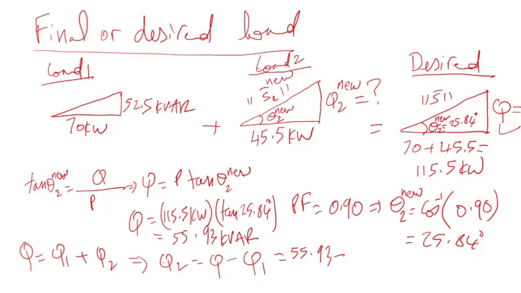So this 55.93 is due to the corrected power factor of 90% or 0.90, minus Q1, which is 52.5 kVAR. So this comes to 3.43 kVAR.